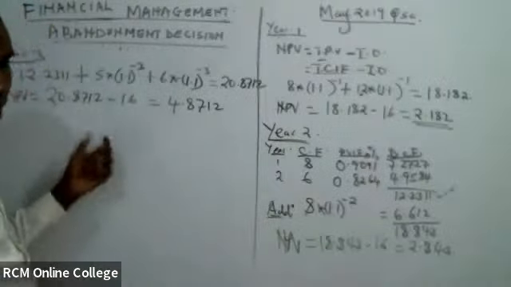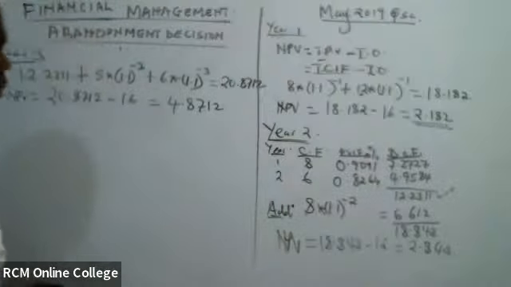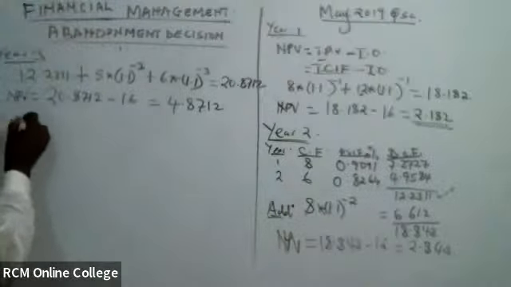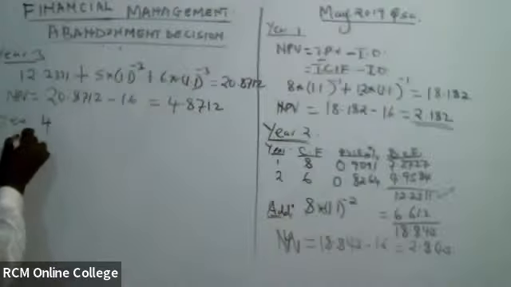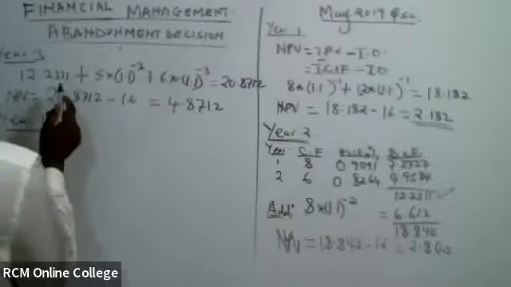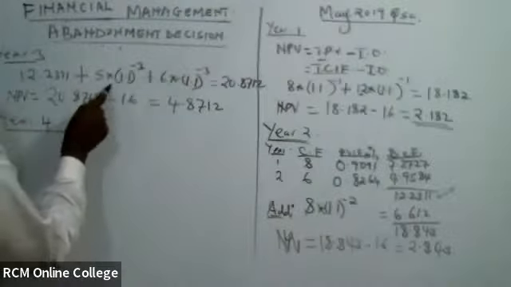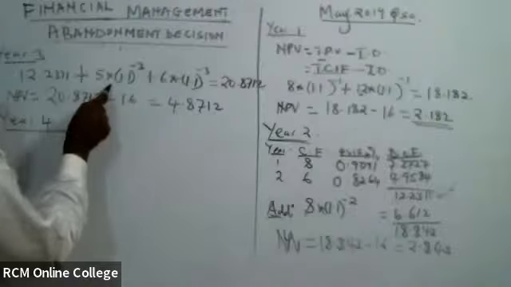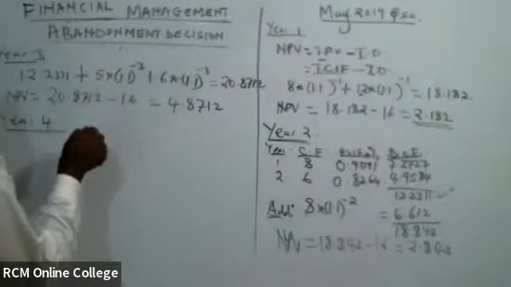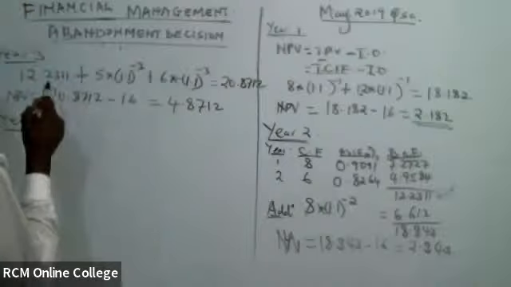In fact, once you go, everyone is confirming that is okay. Then you go to year 4. For year 4, I don't have to repeat these and also these. I have just to come and add year 4 present value.